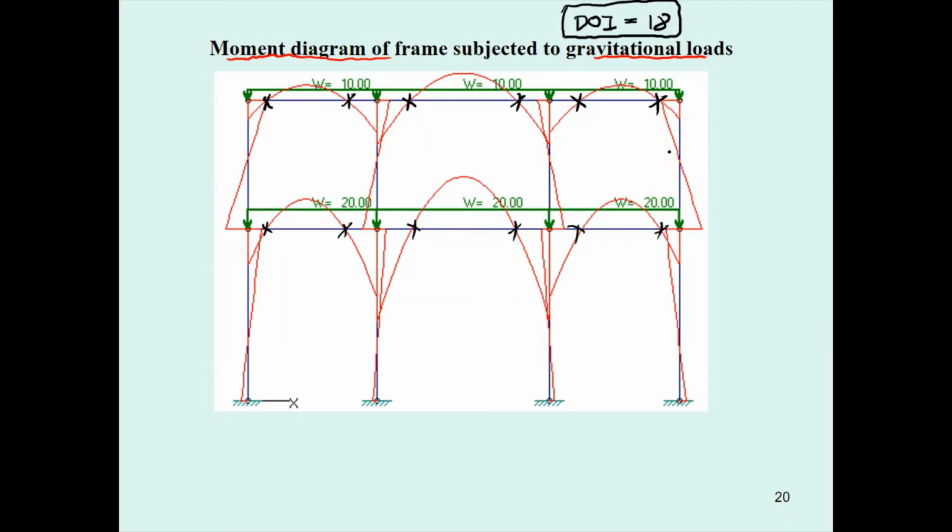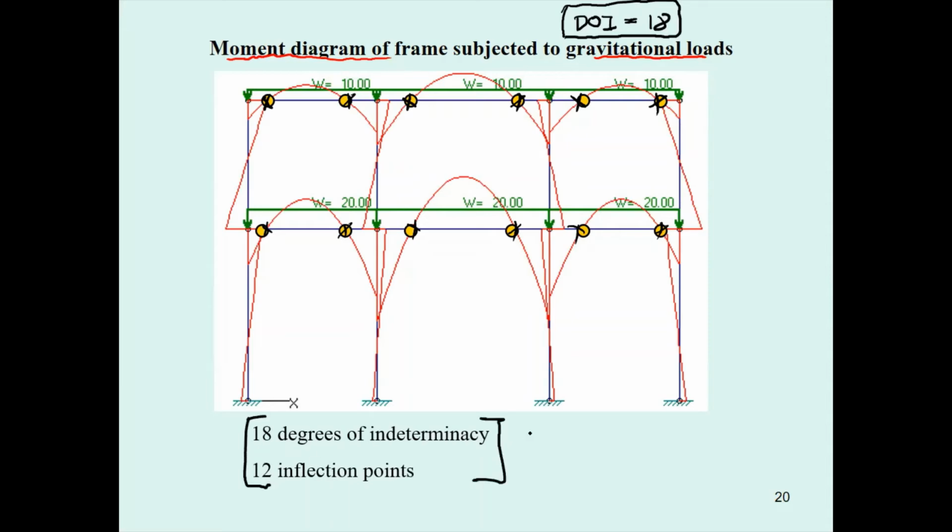So the assumption for this will reduce the 18 degree of indeterminacy by the 16 inflection points. And then compared to this, there are another 6 assumptions that require us to make this structure analyzable by free body diagram and by the equations of equilibrium.